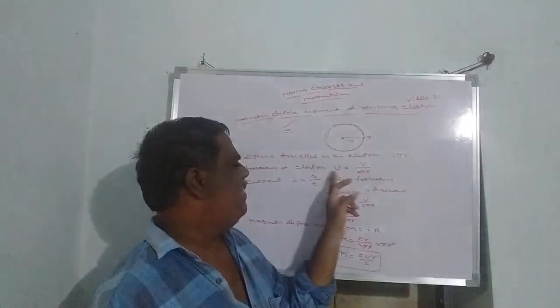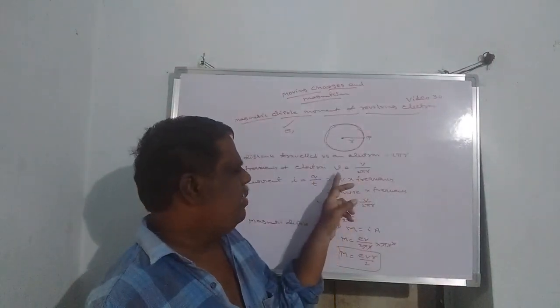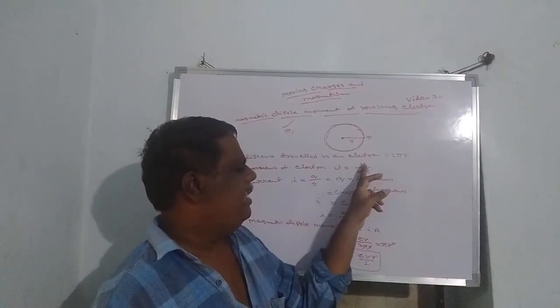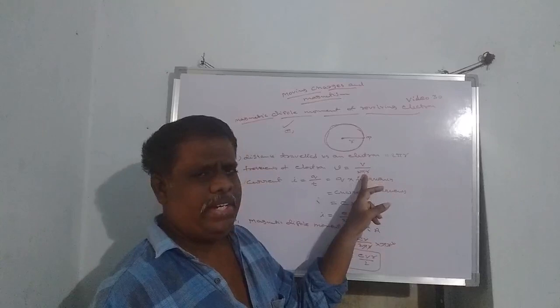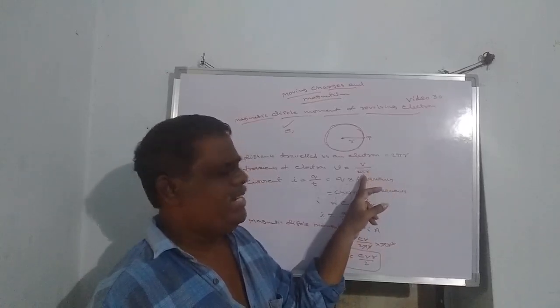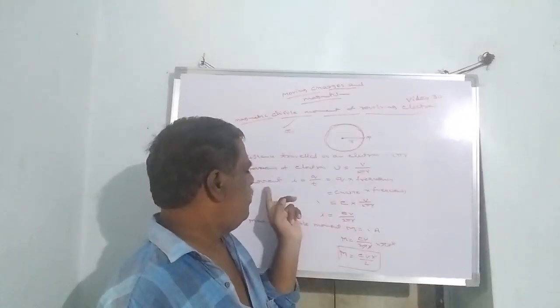Next, frequency of electron should be denoted with mu. It is nothing but velocity by distance traveled by the electron. Velocity v, distance traveled by the electron will be equal to 2 pi r.